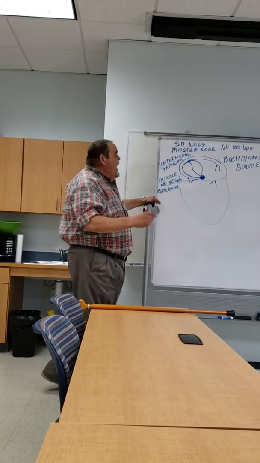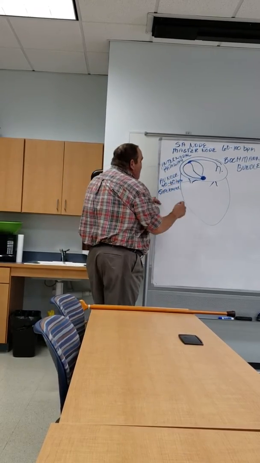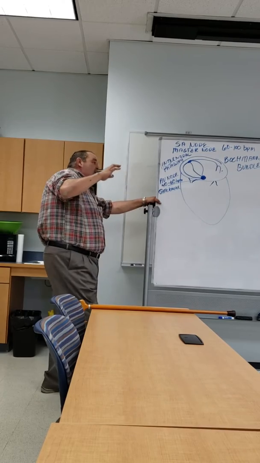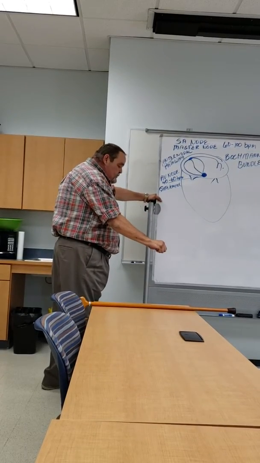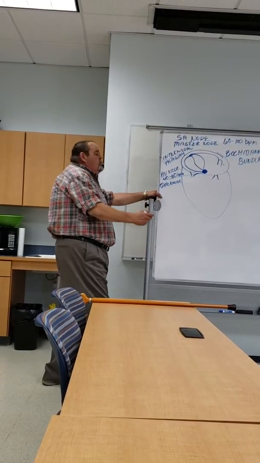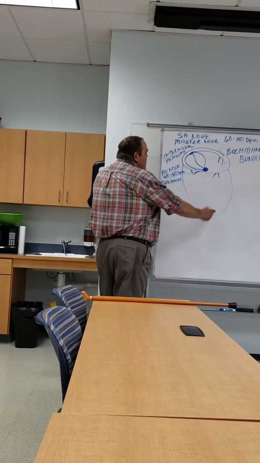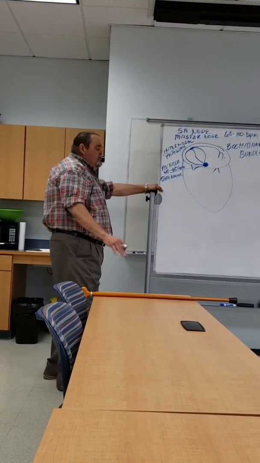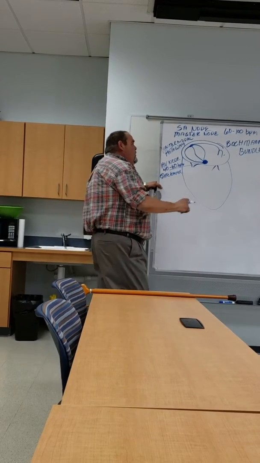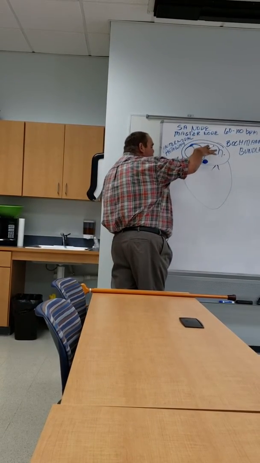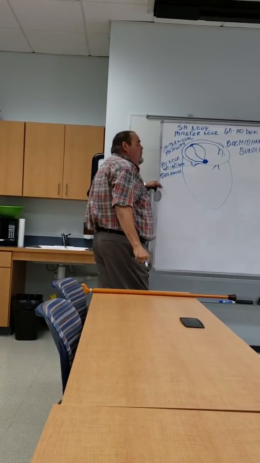So why this is called the gatekeeper is, when the atrium contracts and forces blood down into these ventricles, it does it at the same time. The atria contract, both ventricles fill with blood.